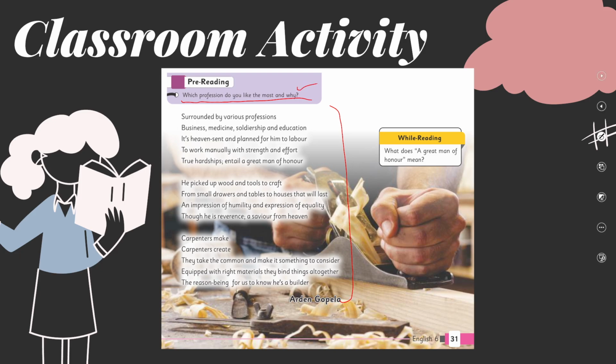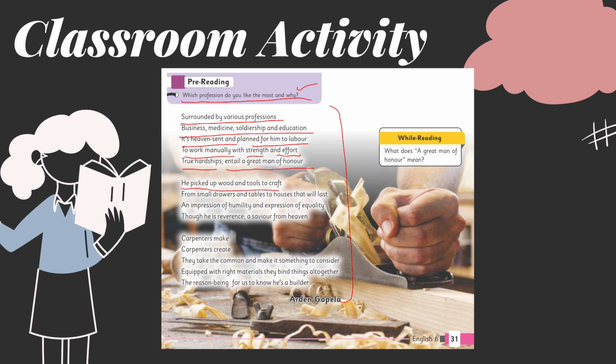The poem begins by, surrounded by various professions, business, medicine, soldiership, and education, it's heaven sent and planned for him to labor, to work manually with strength and effort. True hardships entail a great man of honor.